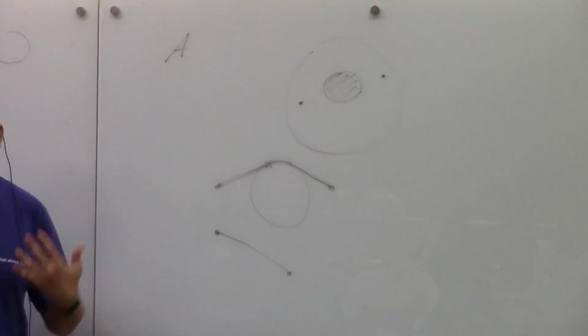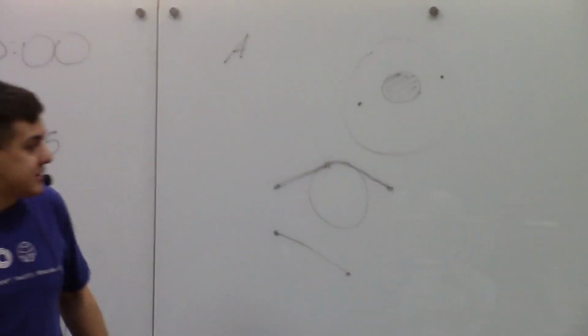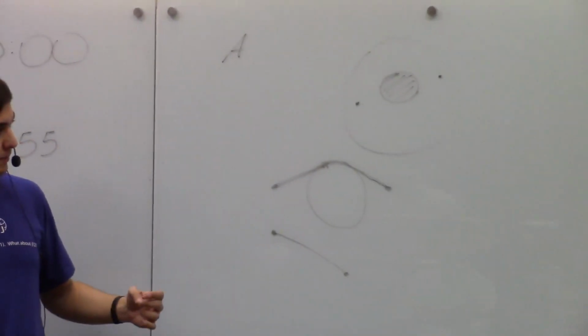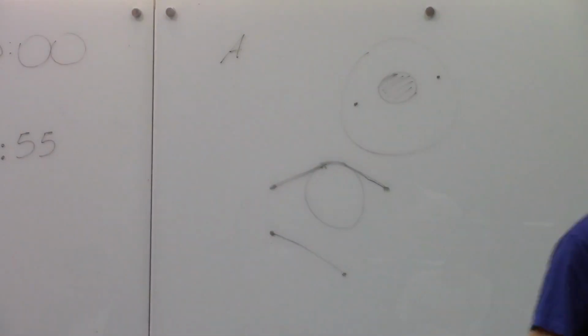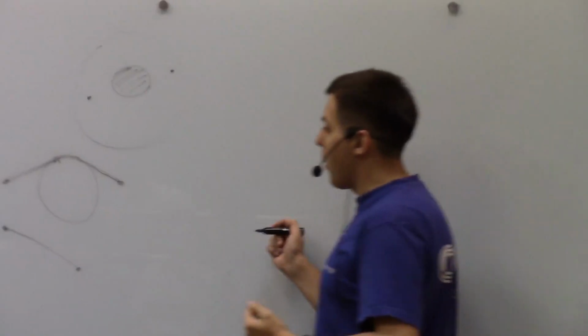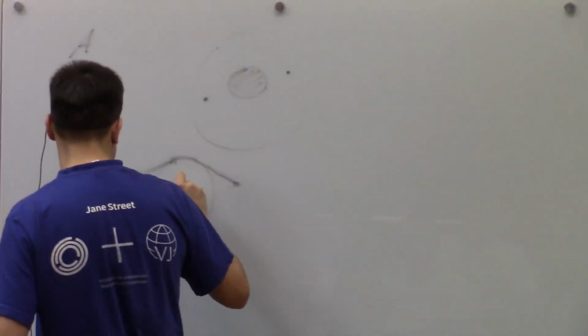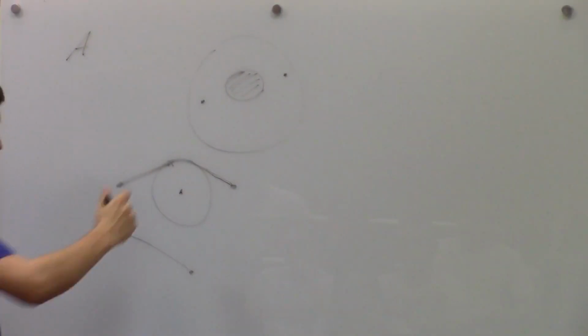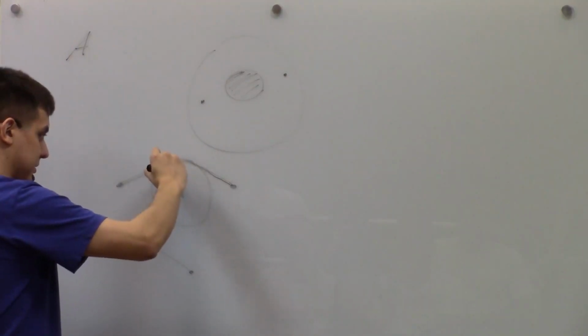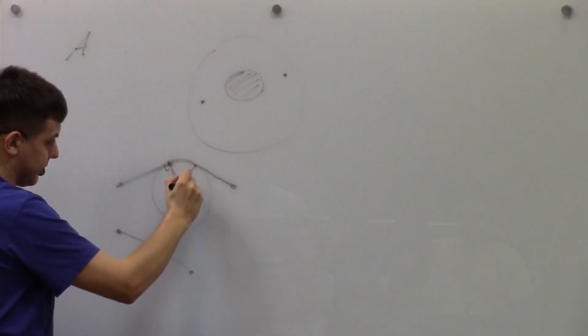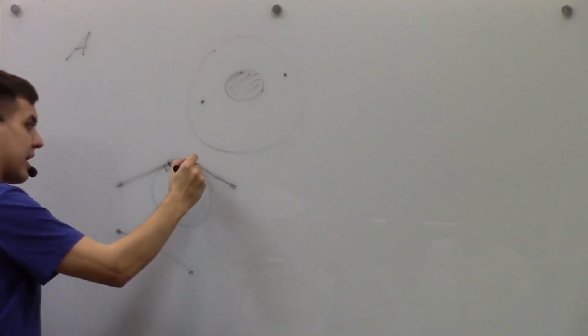So what do we have to do on a sphere? The answer is, it's hard. Well, so what are the good properties of a tangent? Well, it's perpendicular in the point where it touches the circle. So perpendicular here, perpendicular here.